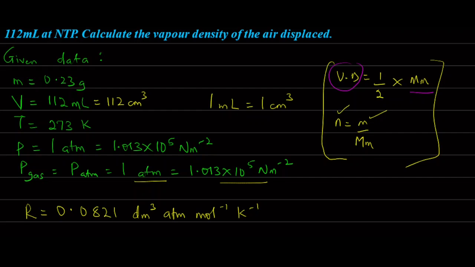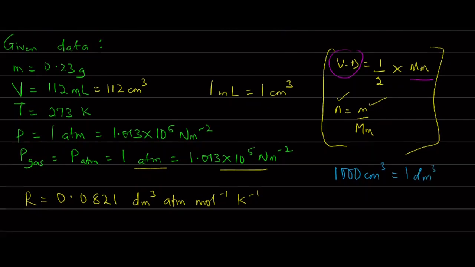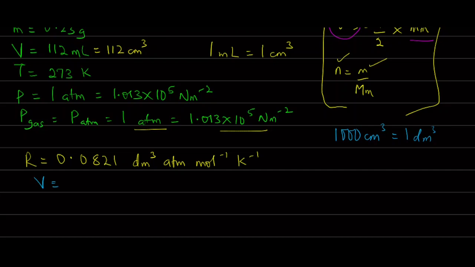Then we need to convert our volume from centimeter cube to dm cube by dividing by 1000. Why? Because 1000 centimeter cube is also known as 1 dm cube. So let's convert our volume to dm cube.